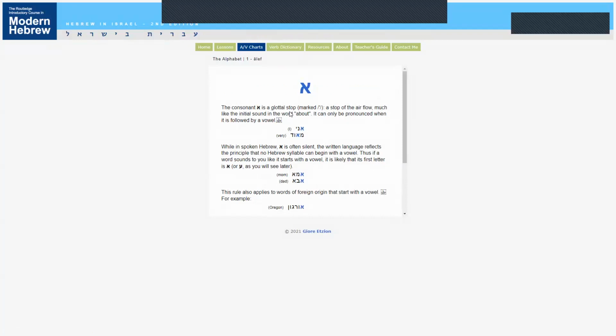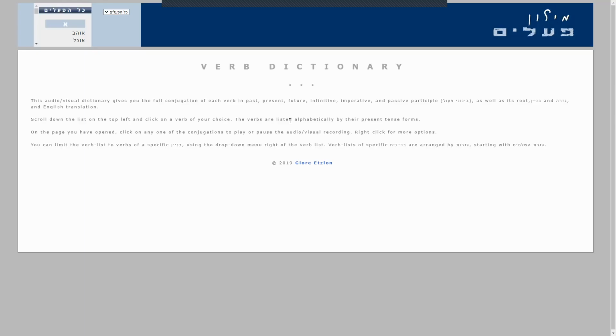How about this here? Ani. Ani means I. Me'od, me'od, look at that. Ima, Abba, Oregon. That's a transliteration of an English word. Okay, now check this verb dictionary out. Where is it at here?